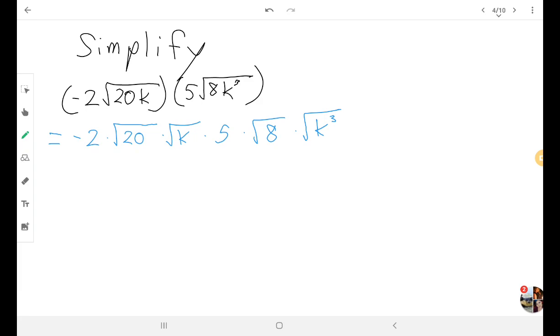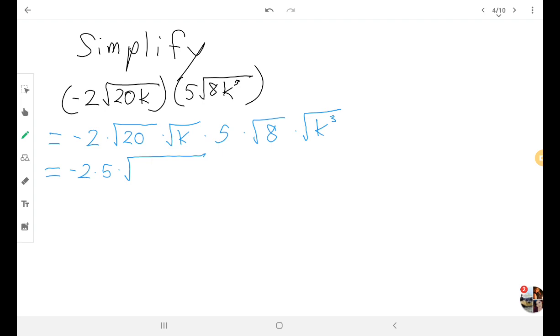So I'm going to take my numbers without square roots, and put them next to each other. So that's -2 times 5. I'm going to take my square roots with only numbers, and put them under one square root so that I can look at it again.